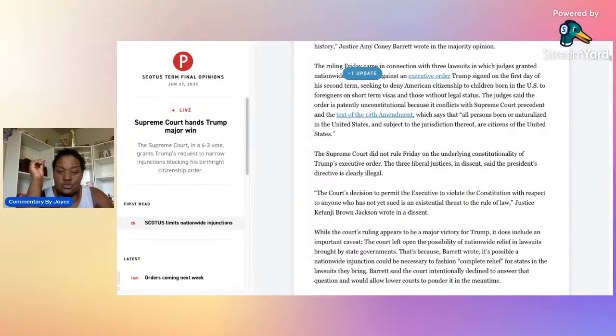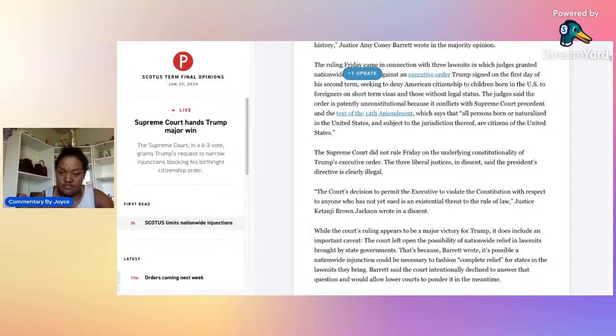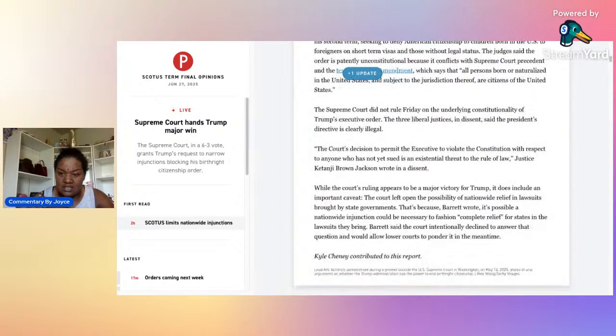The court's decision to permit the executive to violate the Constitution with respect to anyone who has not yet sued is an existential threat to the rule of law, Justice Ketanji Brown Jackson wrote in the dissent. While the court's ruling appears to be a major victory for Trump, it does include an important caveat.